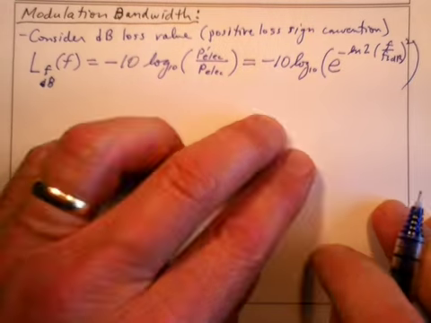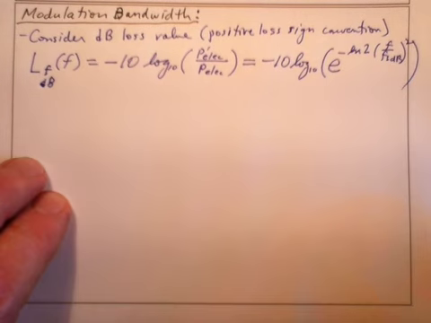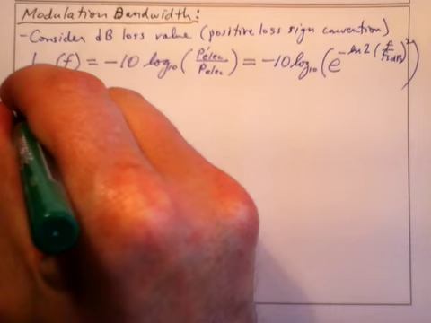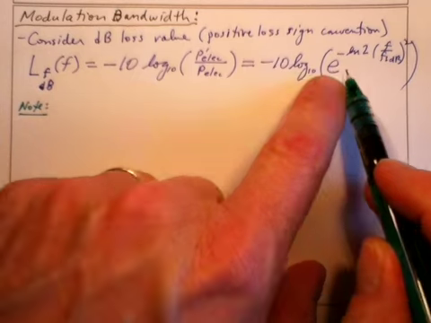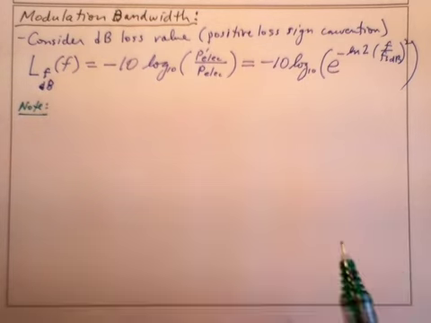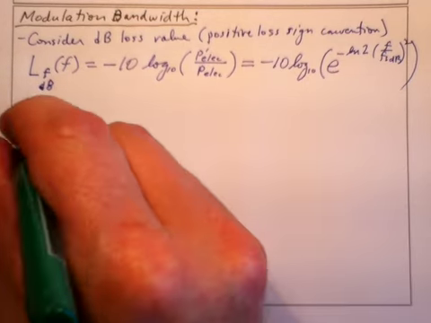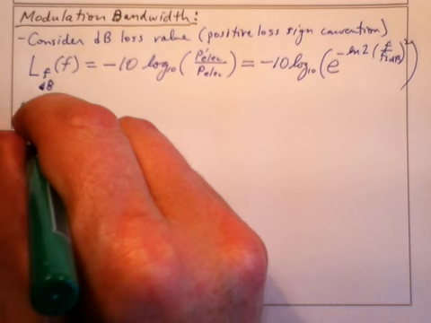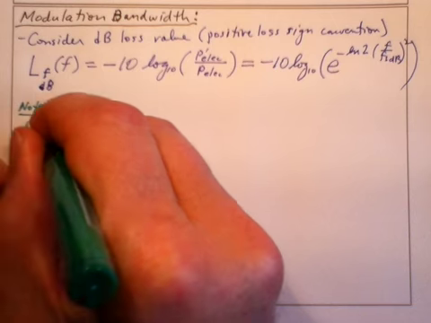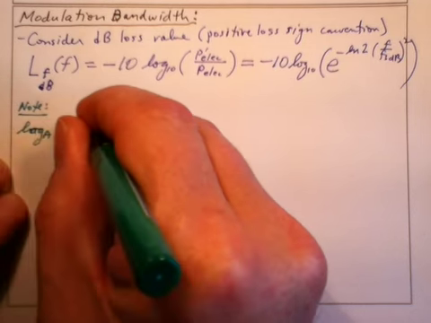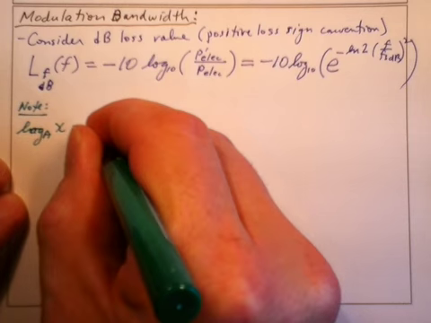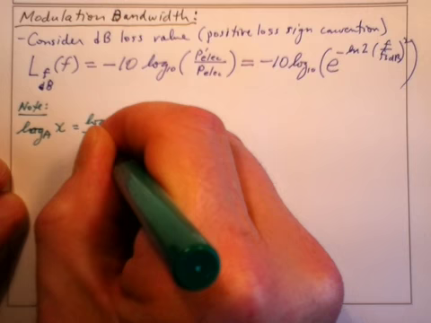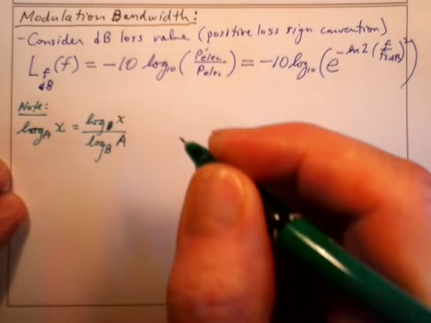Okay, and we're going to note that we've got a log base 10 and I've got an exponential here, so I need to change bases. I'm going to use the fact that log base a of x is the log base b of x over the log base b of a.